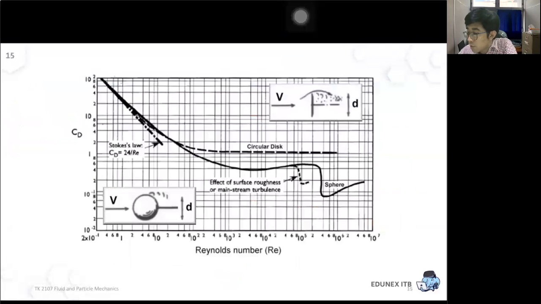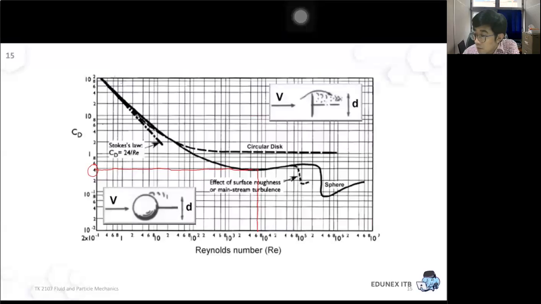Or you can use the more exact graph like this one. 6,000 should be here, and then you can take this one. Yeah, around 0.4. Any confusion how to read the graph? Should be clear, right?